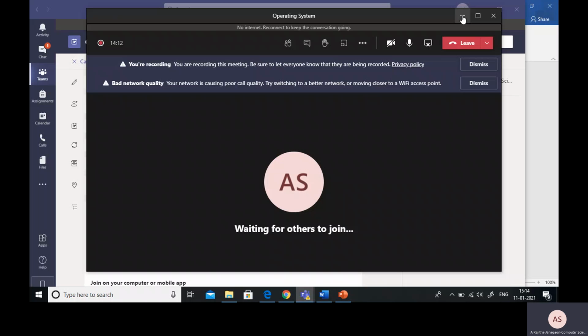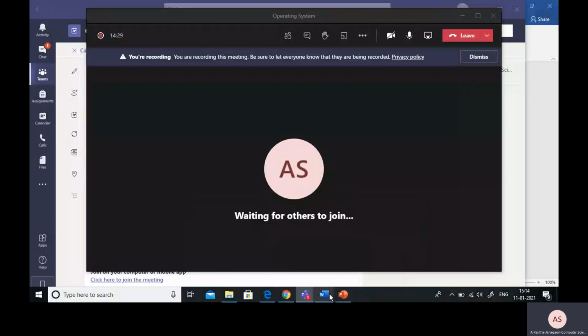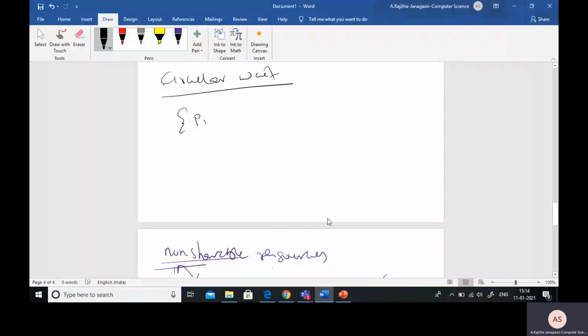Coming to the circular wait, a set of processes are there, that is P0, P1 and so on up to Pn, which are waiting processes.